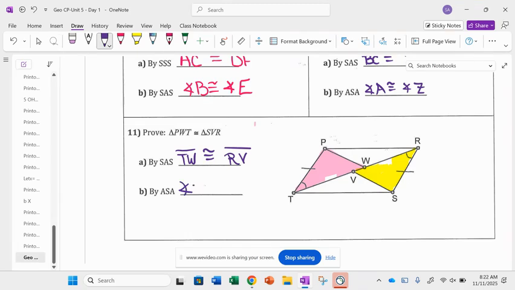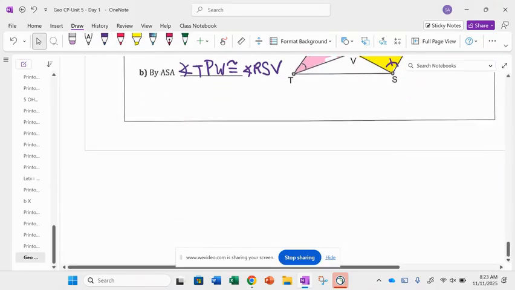So we're going to say angle TPW, congruent to angle RSV. So that would be these 2 angles. All right, we are done.